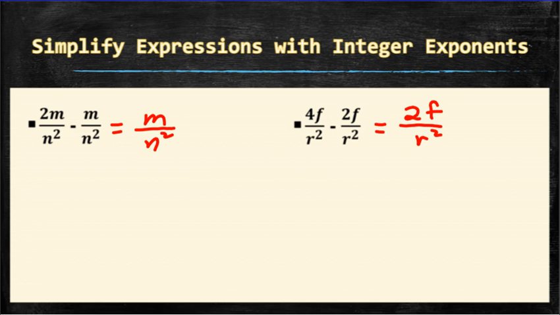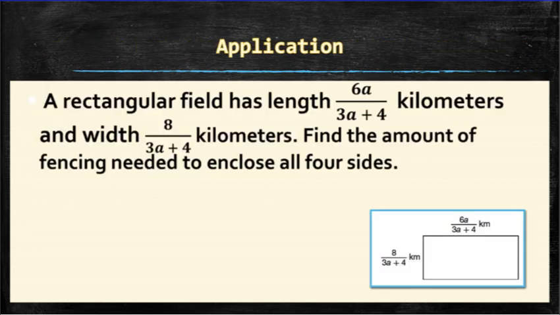Now let's get through some application problems. A rectangular field has a length of 6a over 3a plus 4 kilometers and a width of 8 over 3a plus 4 kilometers. Find the amount of fencing needed to enclose all 4 sides. So we are finding perimeter because we want to enclose all the way around.